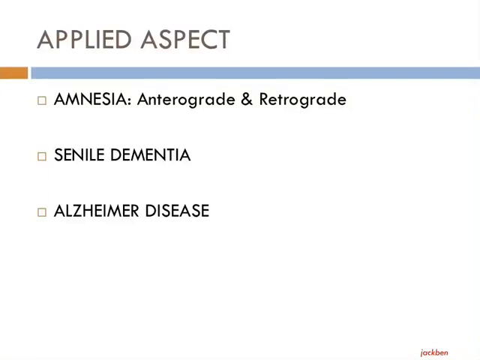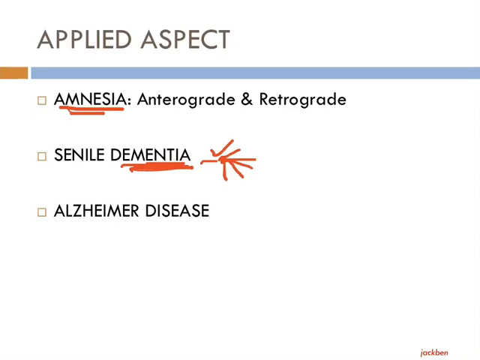Now coming to the applied aspect part of the learning and memory, there are two terms. One is amnesia and the second is dementia. Amnesia is the loss of the memory. Dementia is a kind of clinical syndrome. Because of the loss of the memory, the person will have other difficulties, meaning his normal day-to-day functioning will be affected because of the loss of the memory.